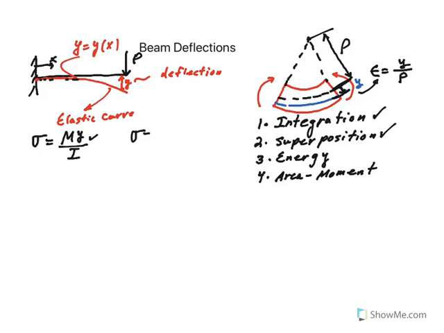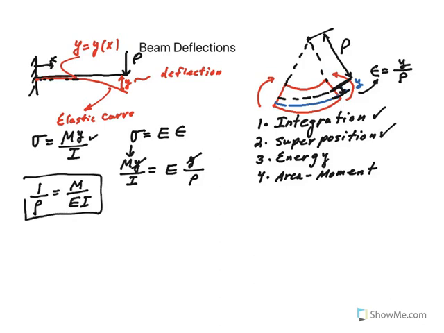Also remember Hooke's law, as long as we are within the linear elastic zone, sigma equals E epsilon. So if instead of sigma you put My over I, and instead of epsilon you put y over rho, you see how y and y cancel. So we end up getting 1 over rho equals M over EI.